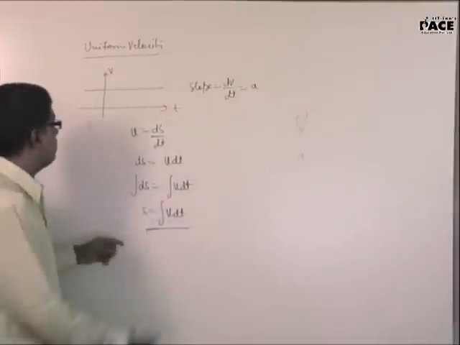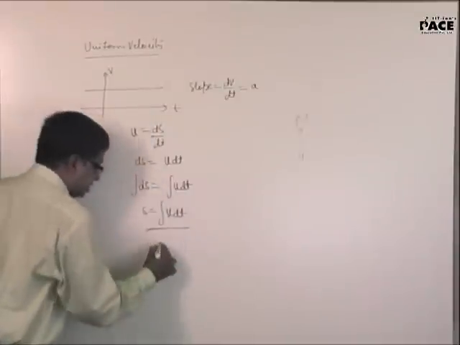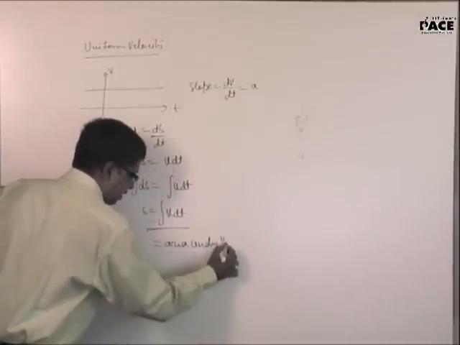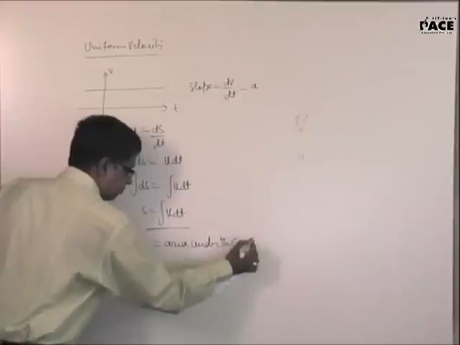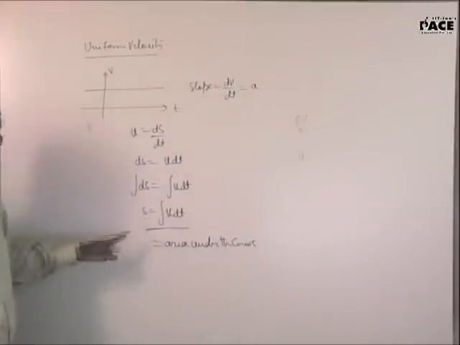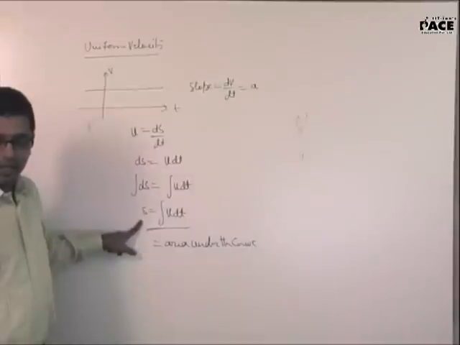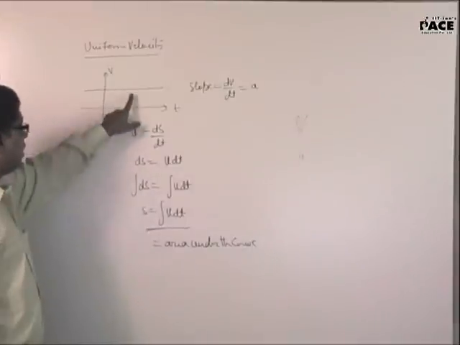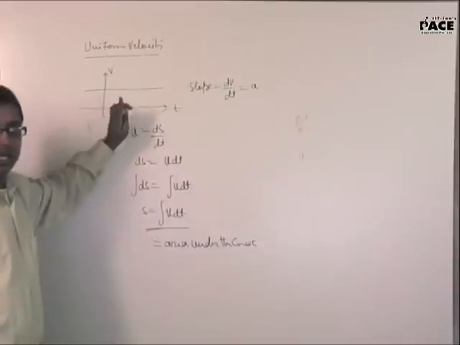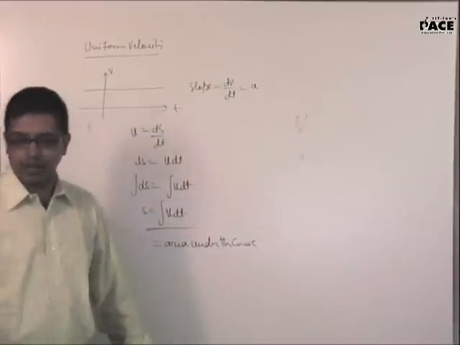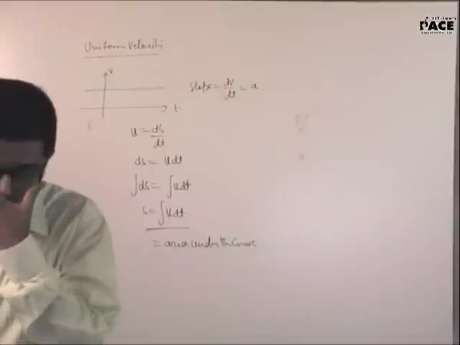So this must give me the area under the curve and above the x-axis. This is the area under the curve and above the x-axis, and this will give me the displacement. Indirectly you are telling me area under the graph and above the x-axis for a VT graph, you will be getting the displacement. Is that okay with all?